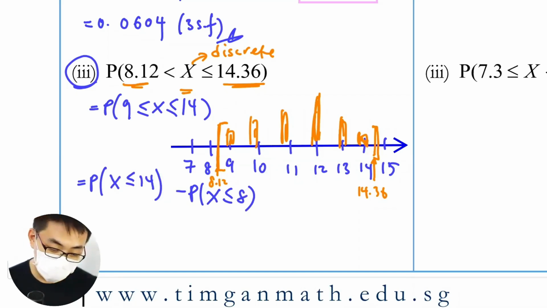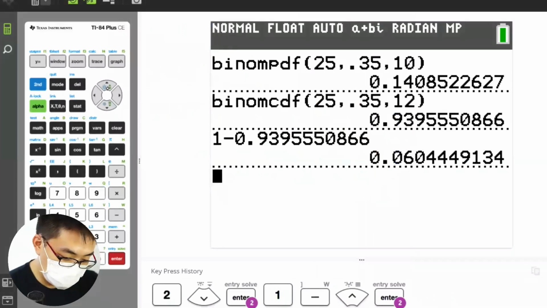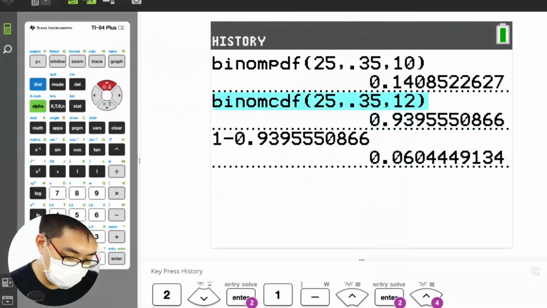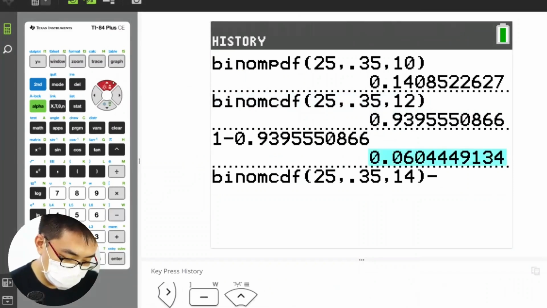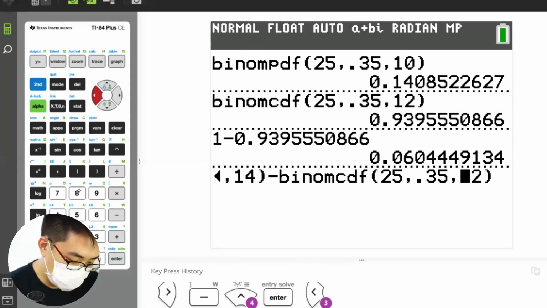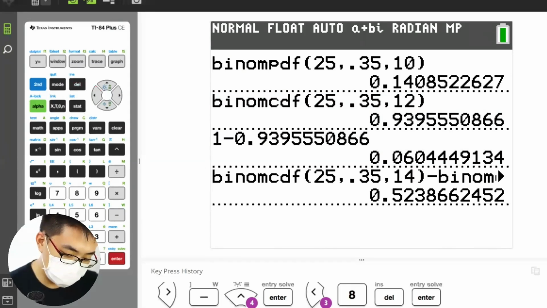You do want the 9, so you minus off the 8. So you just key in calculator, binomial CDF 14, minus binomial CDF 8. So this will be 0.5238.